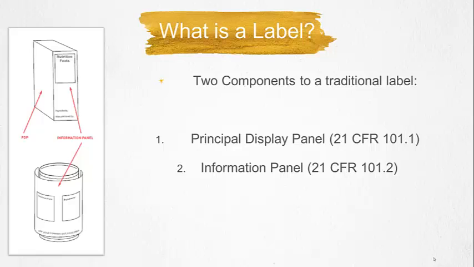And then if you turn the product to the side or to the back, you have this information panel, and that has the nutritional facts panel, the ingredients, where it's been manufactured or distributed from. All of that technical information is there on the side. And so those are the two technical components that we're talking about.